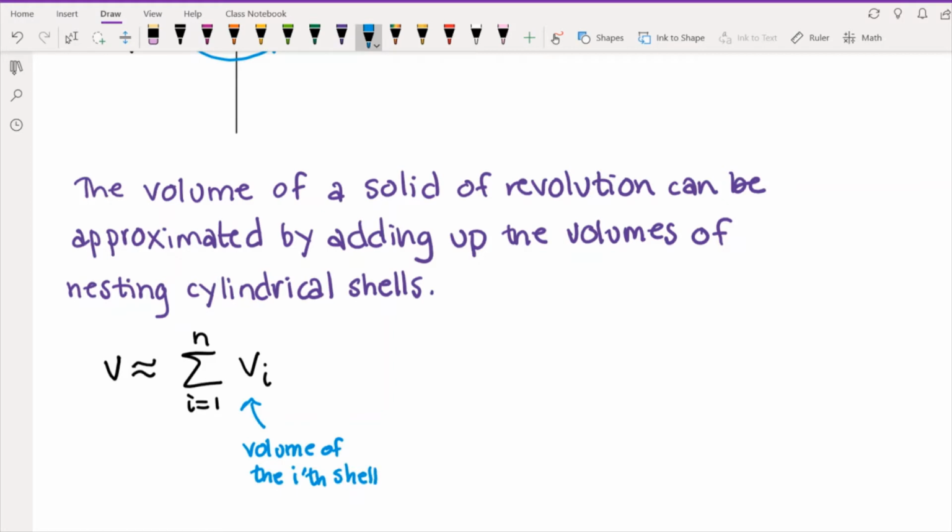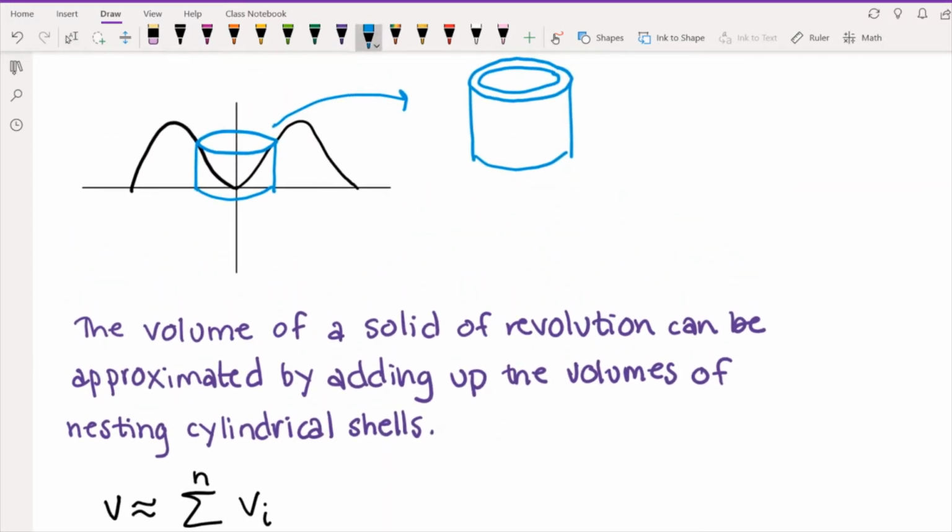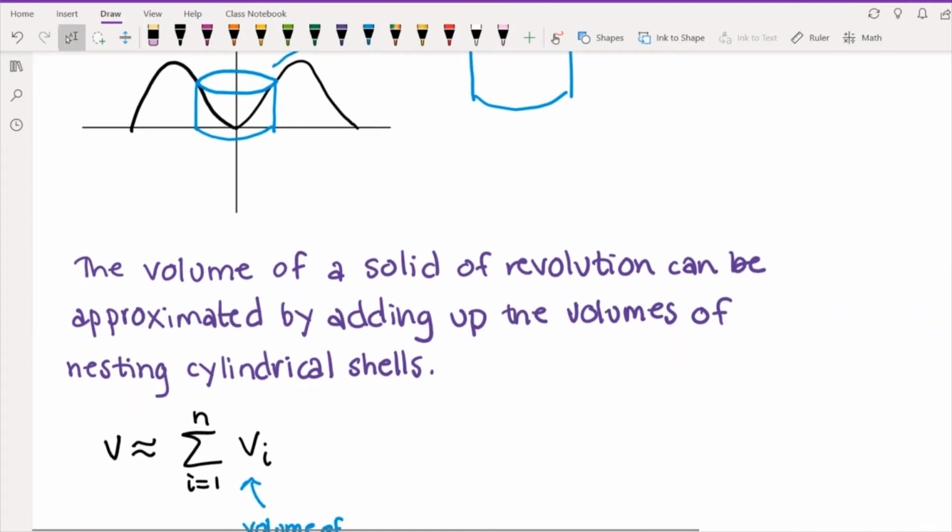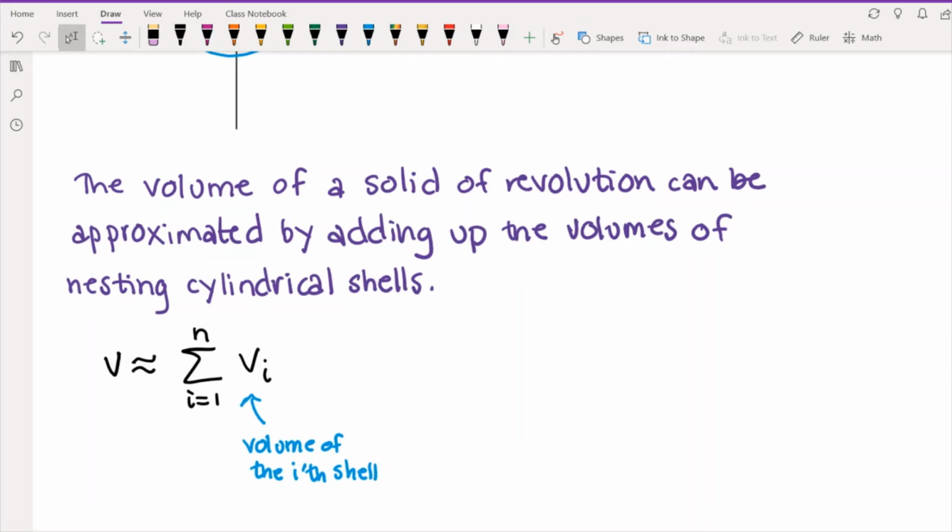So you'd have a really tiny one on the inside, and then you'd add up the next one, and so on. You'd go through and add up all the volumes of these different cylinders. If you add them all together, you'll get an approximation of the actual volume. So in order to figure out how to do this, we need to figure out the volume of one of these cylindrical shells.